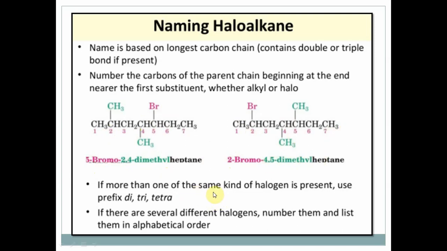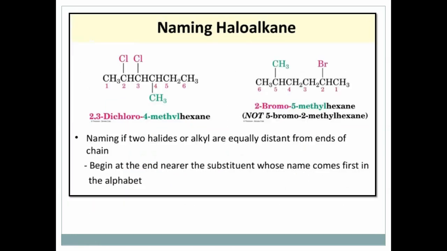If more than one halogen atom of the same kind is present, we use the words di, tri or tetra. If several different halogen atoms are present, then we follow alphabetical order, like 2-bromo-5-methylhexane. Bromine comes first before methyl, so we write the name 2-bromo-5-methylhexane, not 5-bromo-2-methylhexane.